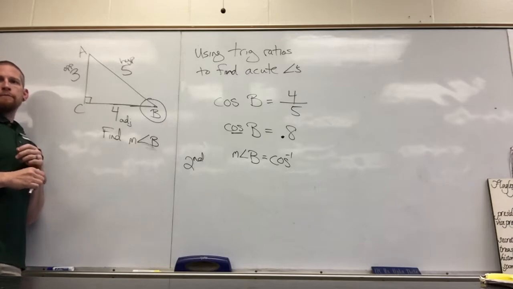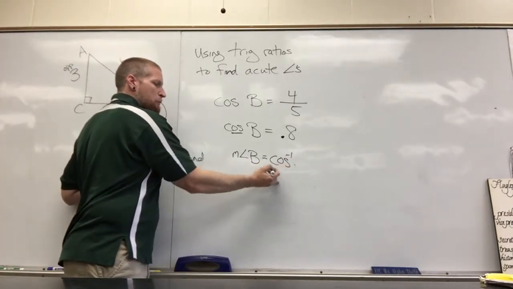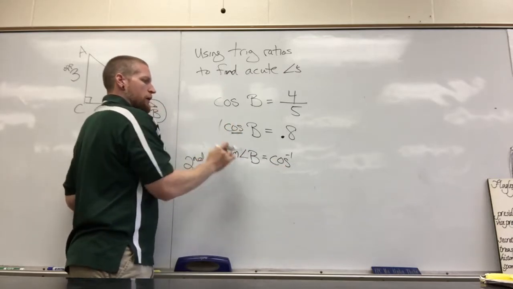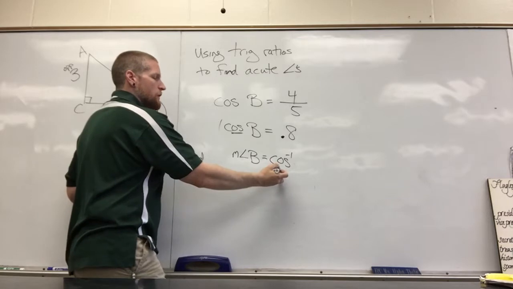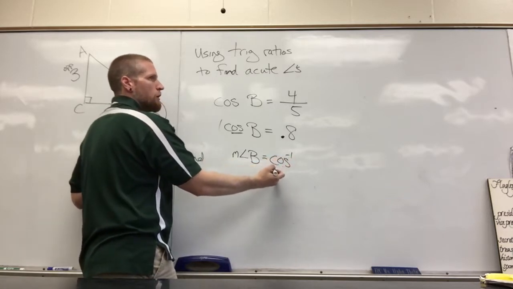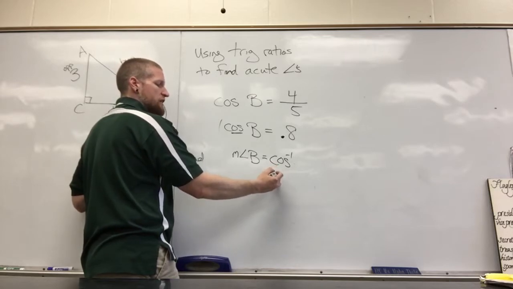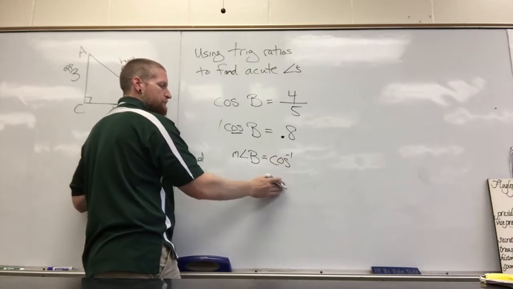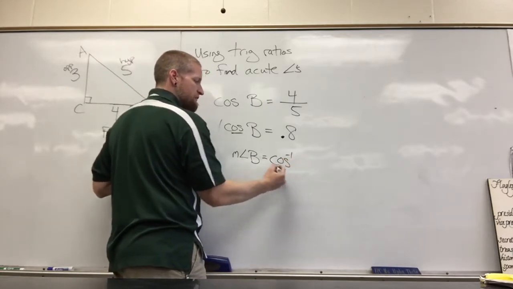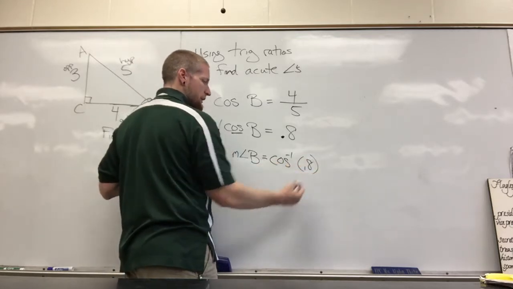Guys, this thing right here is just the operation that essentially cancels this out if you're solving equations. This is the inverse of cosine. Usually, in classes dealing with trig, this gets read as arc cosine. But for you guys, if you can just find this on the calculator, you should be okay.